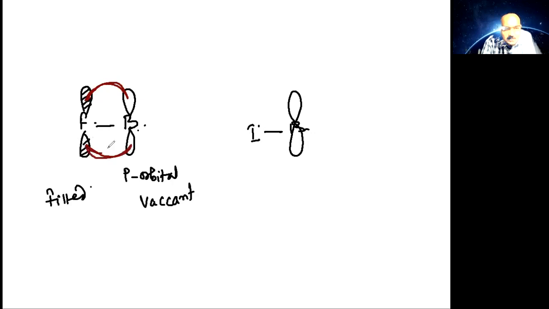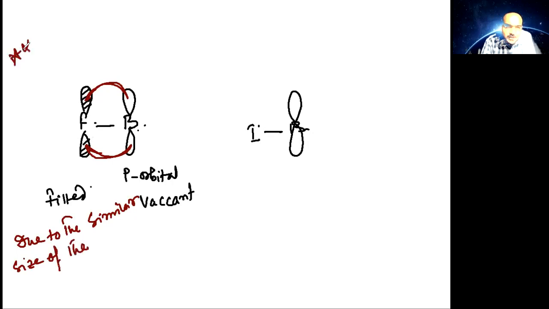So, what happens due to the similar size? This is actually the most important question in group 13.